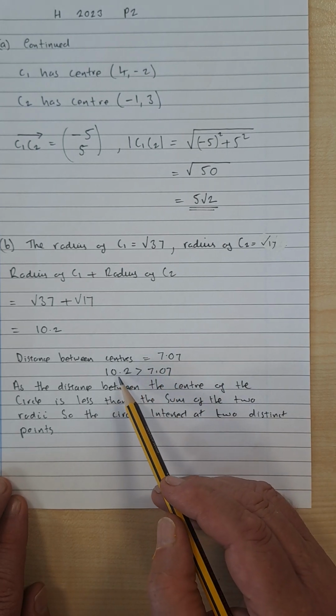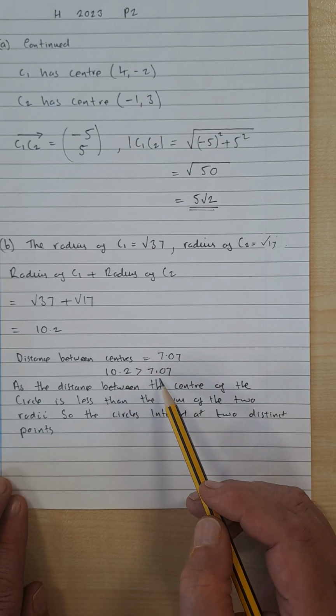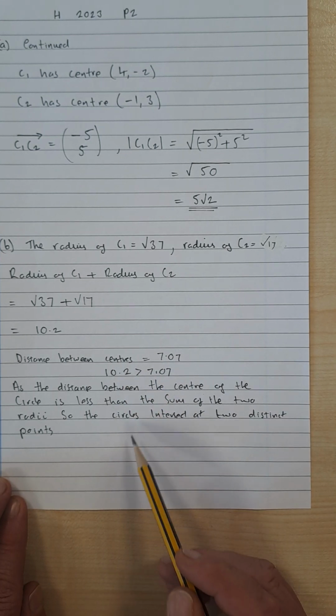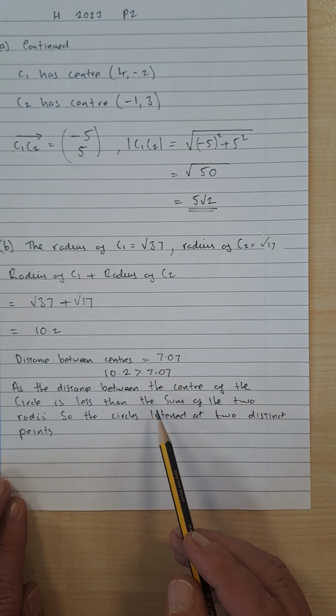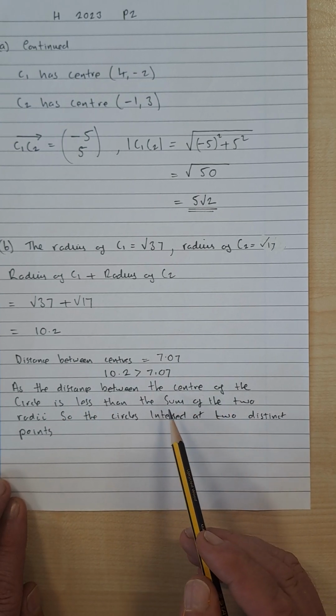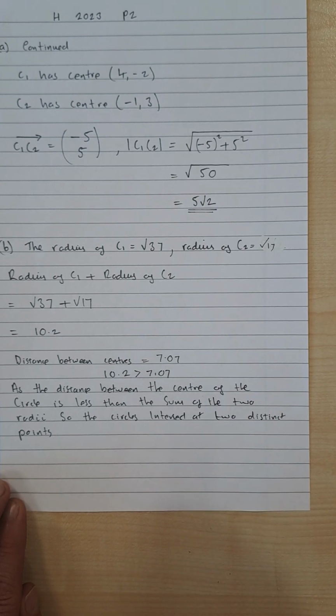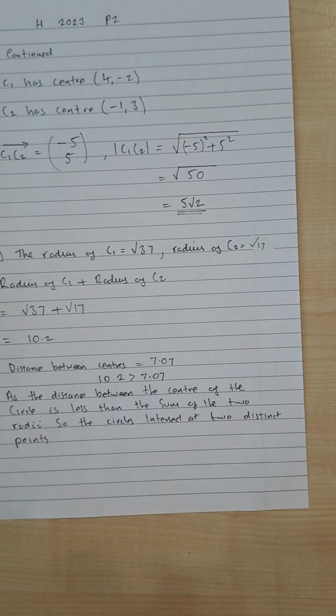Now, because the sum of the radiuses is more than the distance between the two centres, or put it this way, as the distance between the centres of the circle is less than the sum of the two radiuses, the circles intersect at two distinct points, and that does it.